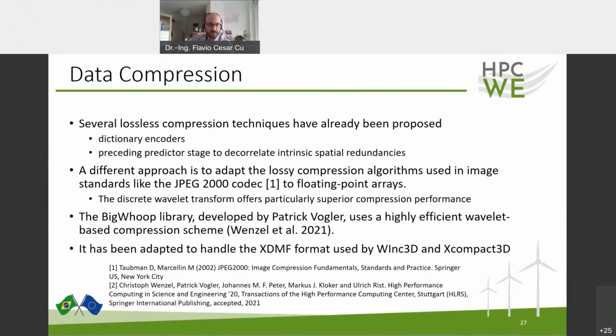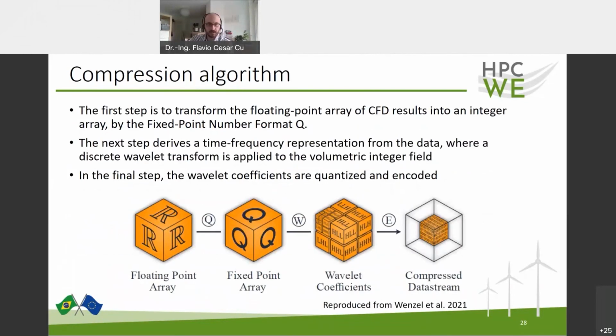I have used the Big Whoop library, developed by my colleague Patrick Fogler, that uses a highly efficient wavelet-based compression scheme. My work has been to adapt this library to handle the XDMF format used by Winc3D and XCompact3D. A bit about the compression algorithm.